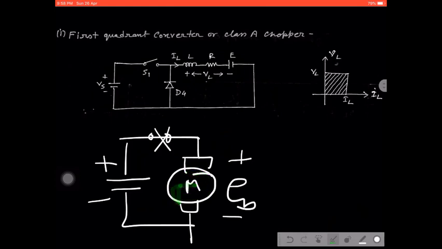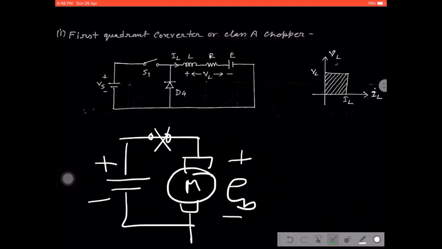That means it continues to produce the back EMF, but there is no relation. That means zero voltage is supplied to the motor, but the motor itself can develop its back EMF due to its high moment of inertia and continues to rotate. That means it has already developed the back EMF inside it. So for this particular circuit, the back EMF is the original voltage. Then the motor is working as a generator.